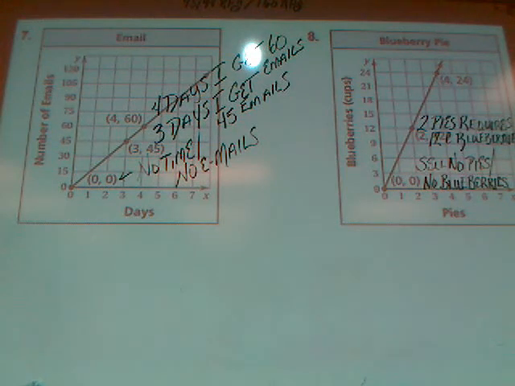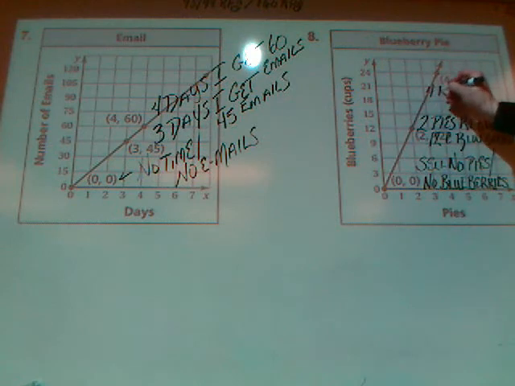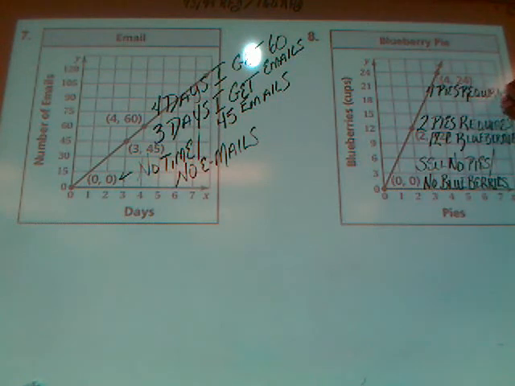Again, the 4 being from the x-axis, the 24 being from the y-axis, so that's 4 pies requiring 24 cups of blueberries. And again, realize there's a proportional relationship here that was stated to us. So if 2 pies is 12 cups of blueberries, or in other words, 1 pie represents 6 cups of blueberries, it didn't surprise you that 4 pies required 24 cups of blueberries.